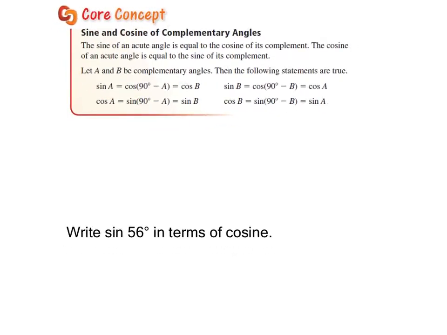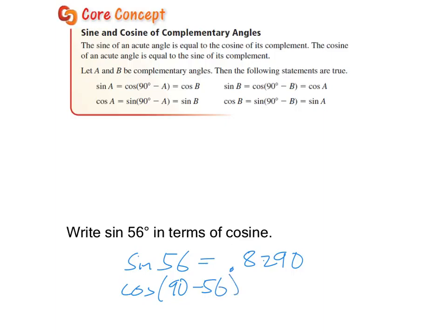So if we want to find the sine of 56, now we can go to our calculator, by the way. Why don't you go try it out on your calculator. Pause the video, you should get something like 0.8290. Then go check the cosine of 90 minus 56.